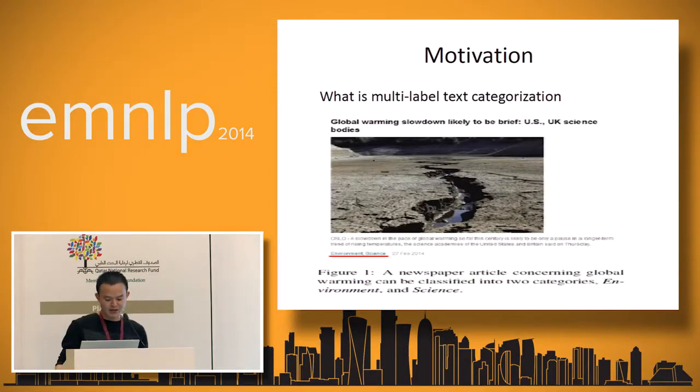A newspaper article confirming global warming can be classified into categories: environment and science. So if a reader is interested in the environment, I think we should display this news to this reader. And if a reader is interested in science, we should display this news to the reader too.